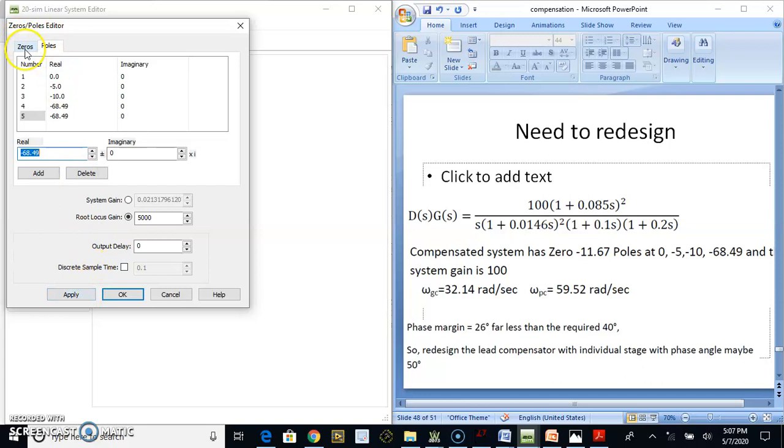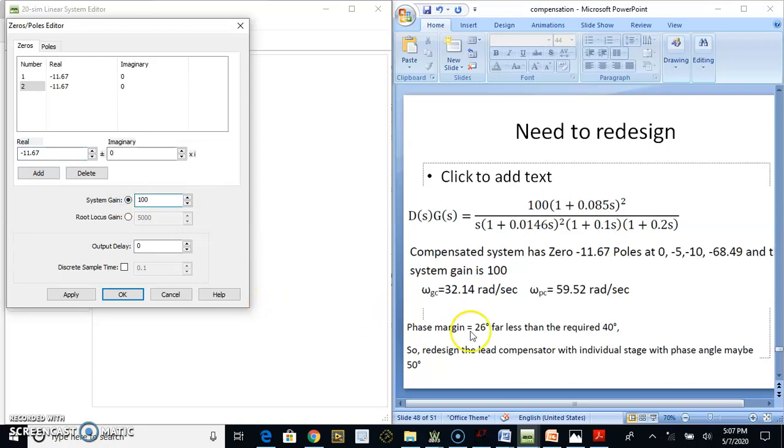Then we go to 0 and add two zeros at minus 11.67, one more zero again at minus 11.67. So let us apply this and make the system gain again 100.